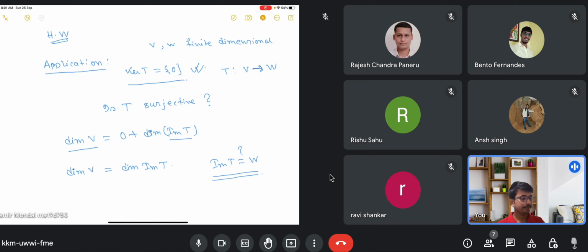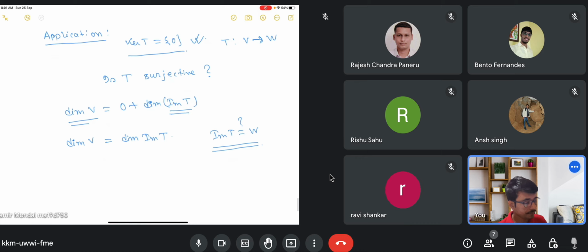So your nullity is 0 and the dimension of V equals the dimension of the image of T. If this implies that the image of T equals W, then we are done. Does it imply that? This is my question.